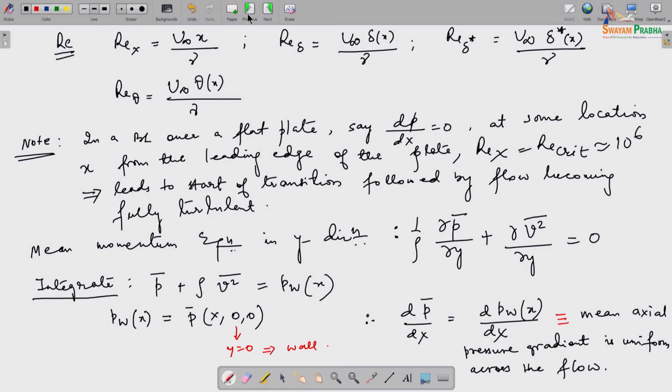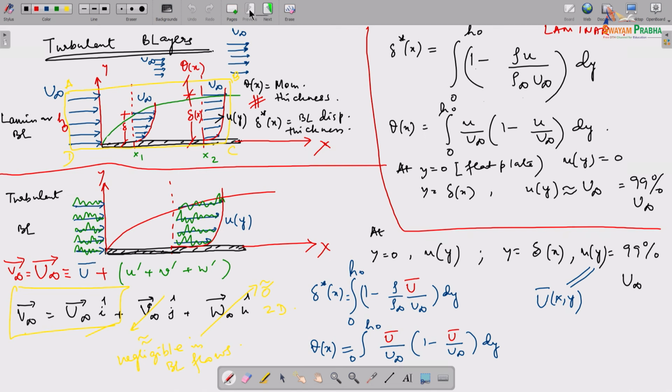If I were to explain that a little bit, what I am trying to say here is, say you take locations x1 and x2.